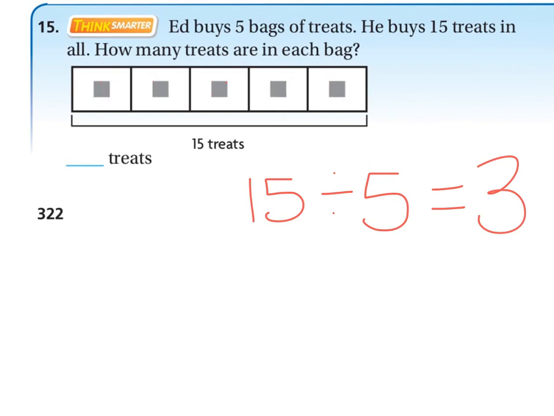But remember, bar models show numbers, not tally marks. So when we complete the bar model, we want to have 3 in each group. So our answer is 3 treats. And that makes sense because 3 plus 3 plus 3 plus 3 plus 3 gives us 15 total treats. That's how we got our answer of 3 treats.